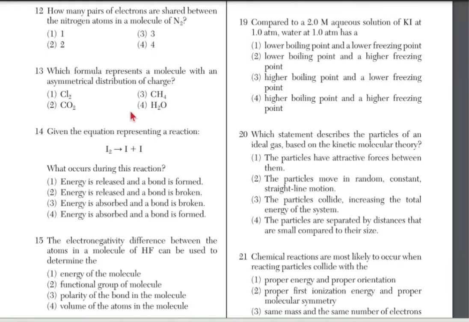How many pairs of electrons are shared between the nitrogen atoms in a molecule of N2? 3 pairs of electrons are shared. In the outer shell of nitrogen, there are 5 electrons, and 2 nitrogen atoms means that we have to distribute 10 electrons in order to make sure each one has 8 electrons.